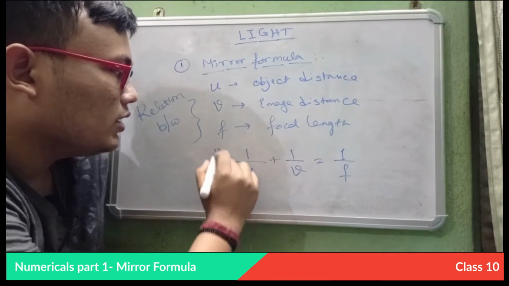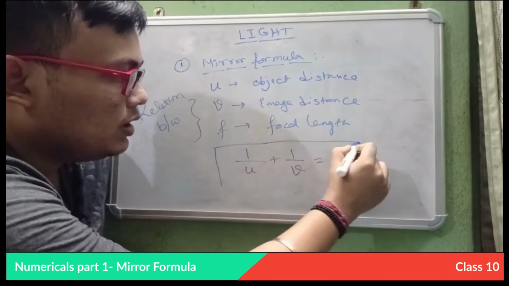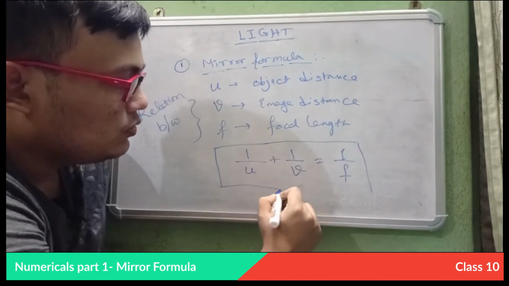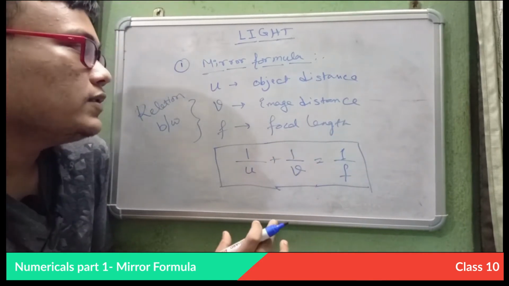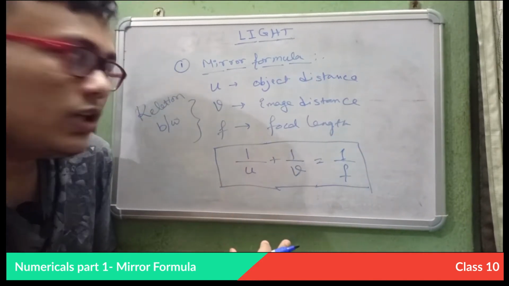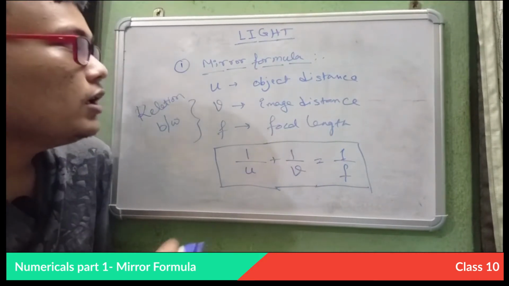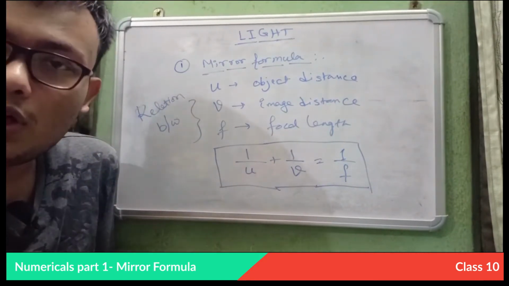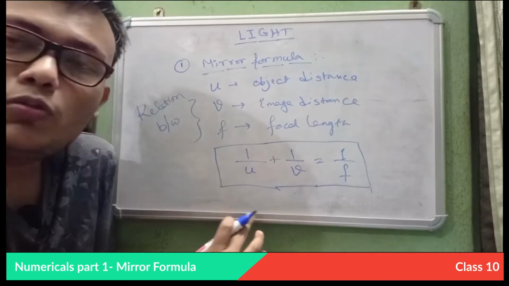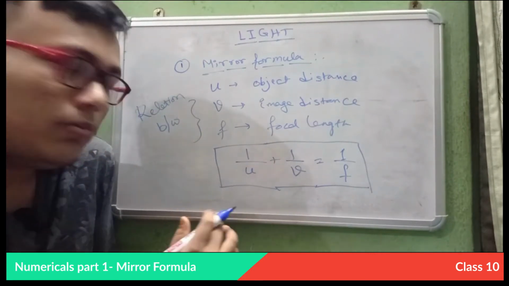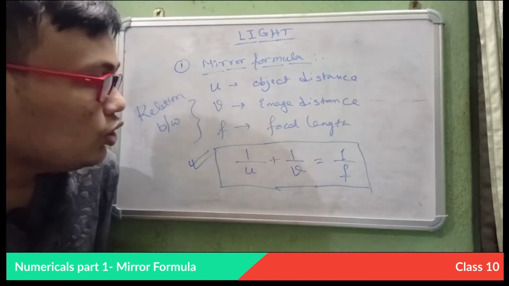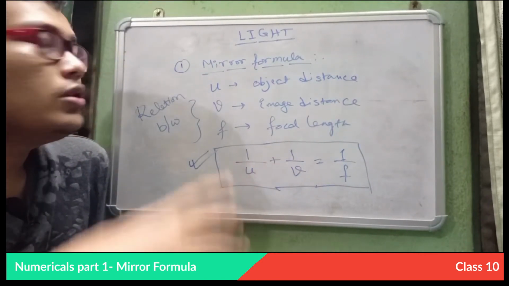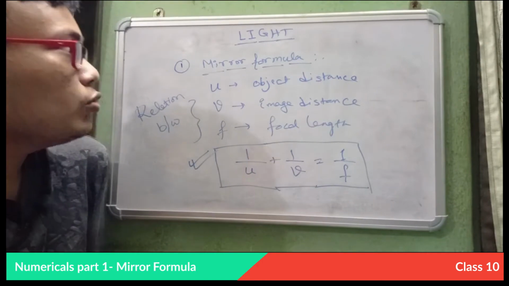This relation is known as the mirror formula. A mirror formula is the relationship between the object distance, the image distance, and the focal length. So 1 by u plus 1 by v equals 1 by f. This relation you have to keep in mind to solve the numericals which are asked from this chapter light and which are related to the mirror formula.